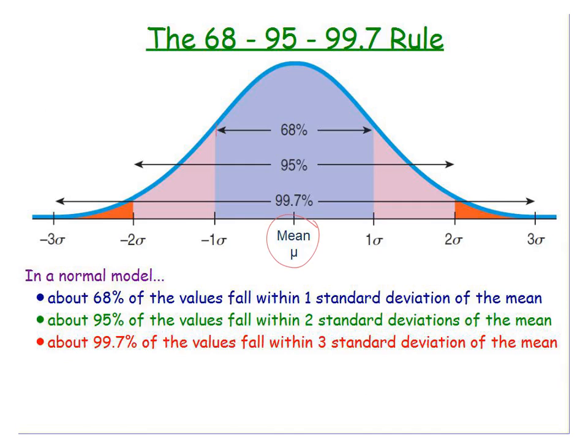If I go out one standard deviation left and one standard deviation right, between those two values is 68% of my data. If I go out a second standard deviation, left and right, between those two data values lies 95% of my data. So a very good majority of it.